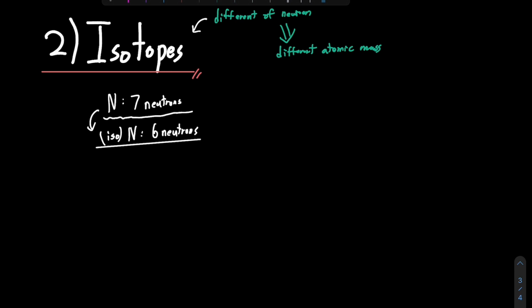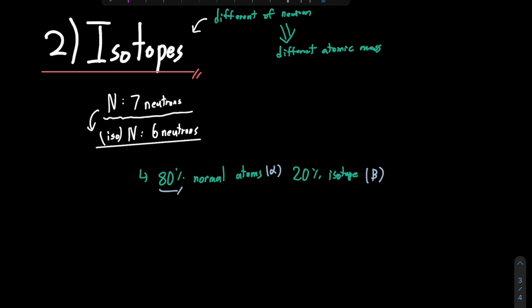How we do this is that if there are 80% of normal atoms and 20% of isotopes, and let's say these 80% have a mass of alpha and the isotopes have a mass of beta.